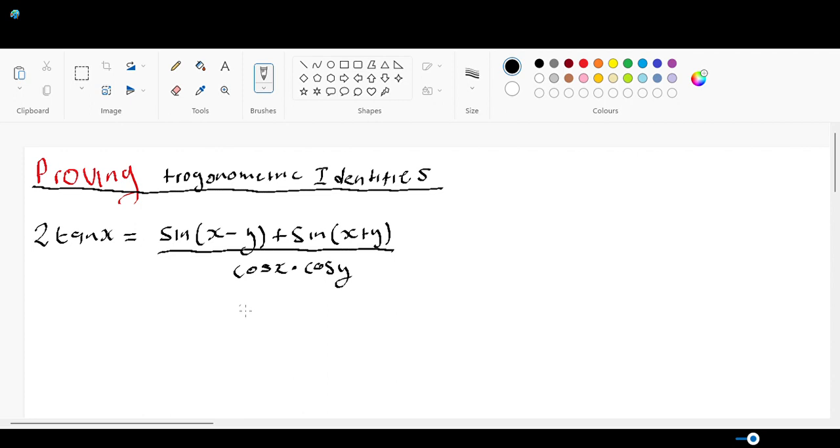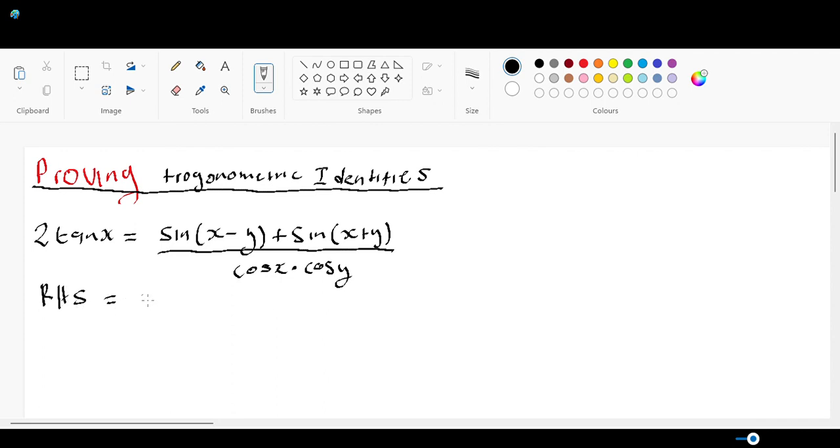As you can see there, we have sine x minus y plus sine x plus y, and then this is divided by cos x multiplied by cos y. Right, so please choose the side on the right, by the way, guys. So when we start, we can write right hand side.